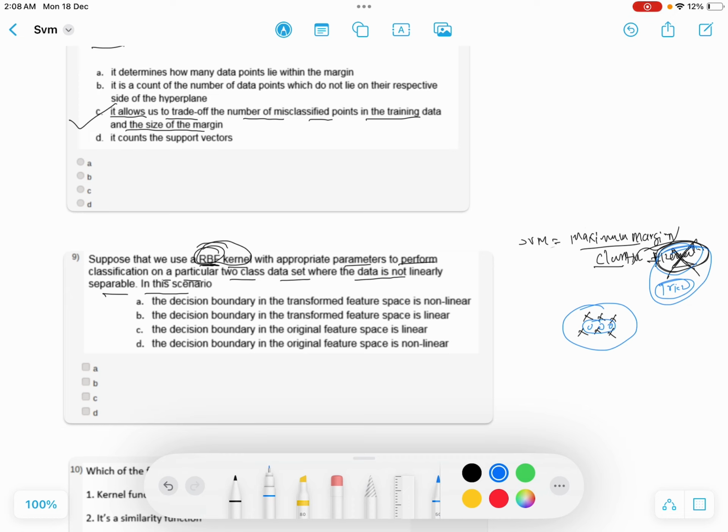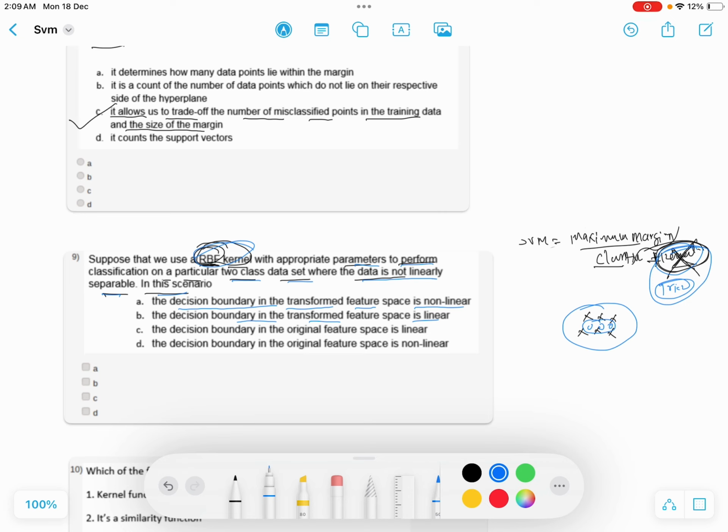Suppose that we have an RBF kernel with appropriate parameter to perform classification on a particular two class dataset where the dataset is not linearly separable, and we are using this kernel function. In this scenario, the decision boundary in the transformed feature space is linear.